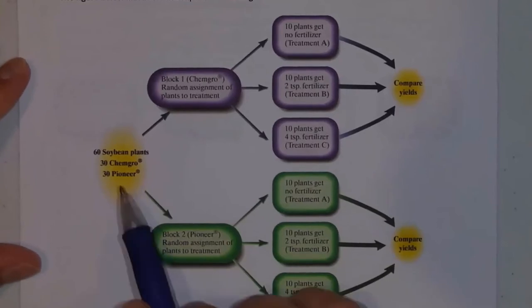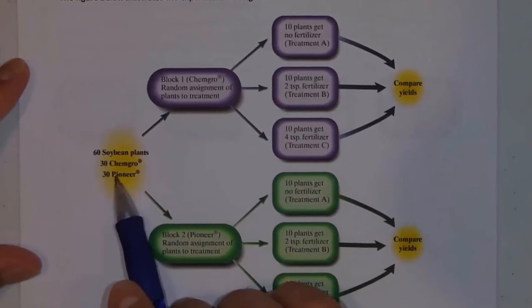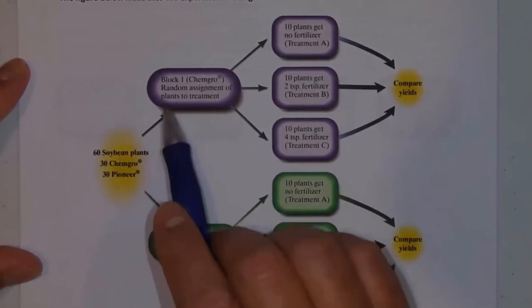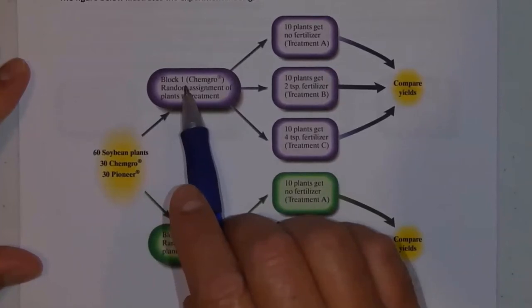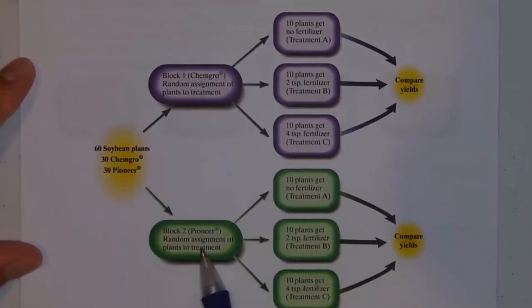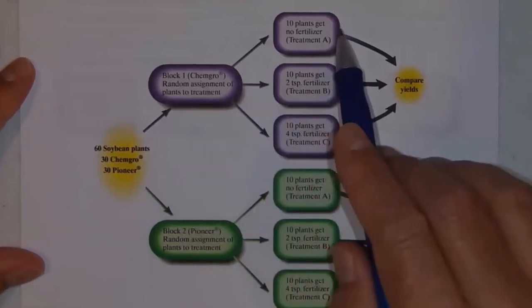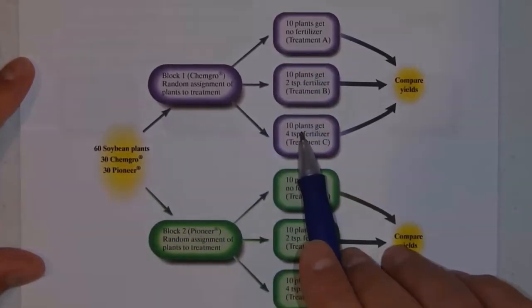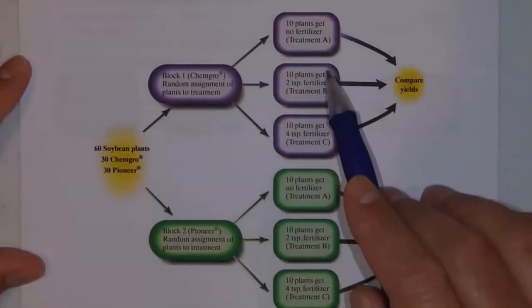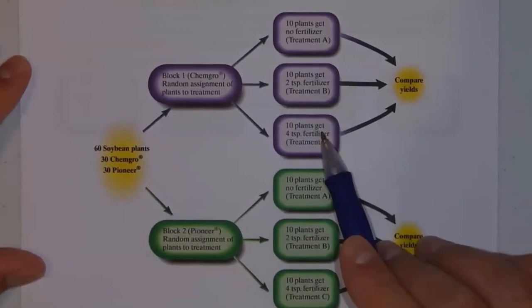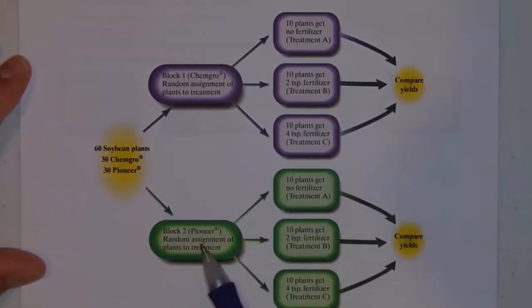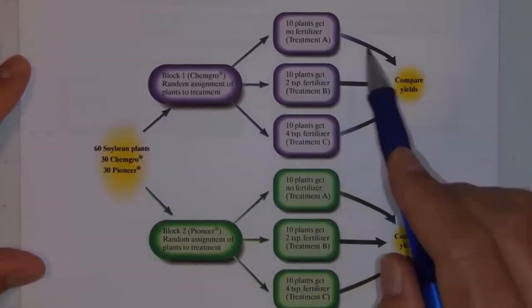So again, we have our 60 plants, 30 Kimgrow, 30 Pioneer. So we have block 1, which is the Kimgrow plants. We have block 2, which is the Pioneer plants. So for block 1, we split those into each of the 3 treatments. 10 get treatment A, 10 get treatment B, 10 get treatment C, and then the same for Pioneer. 10 get treatment A, 10 get treatment B, 10 get treatment C. And then we're going to compare the yields.